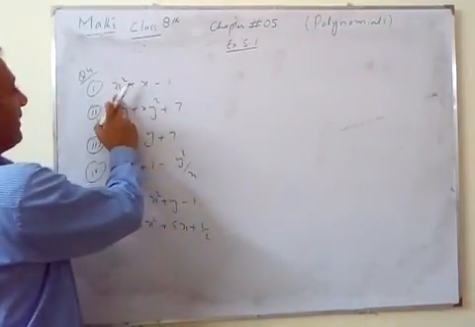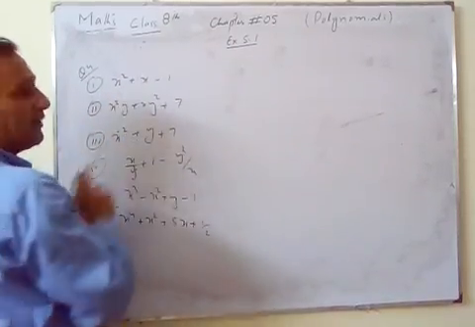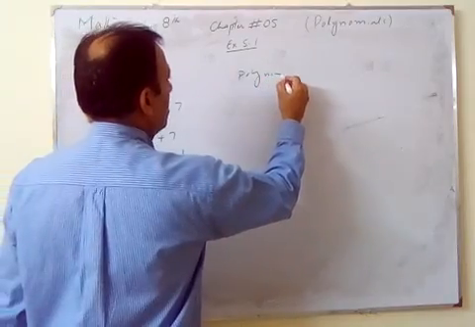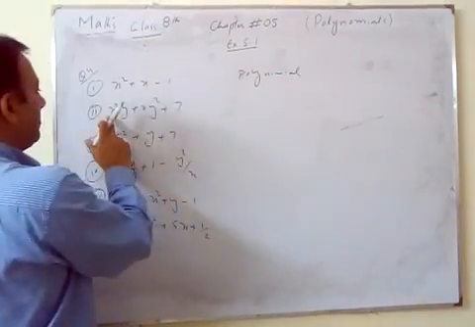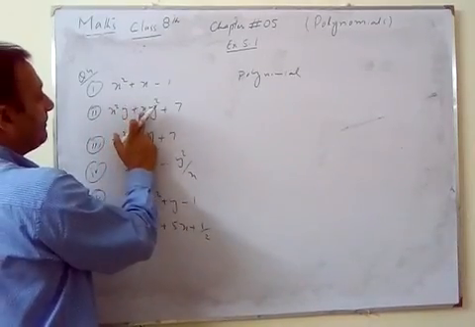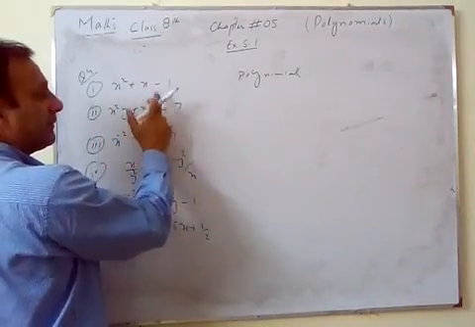So in this, power of variable is 2 and power of variable is 1. So in this case, it is a polynomial. Power of variable is 2, 1, 1, 2.